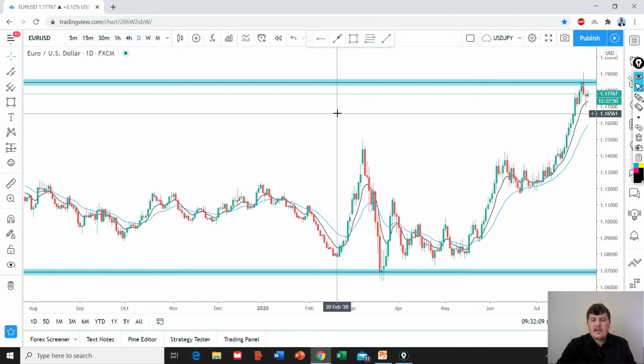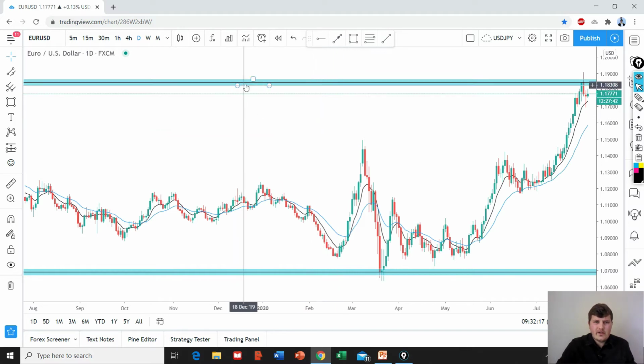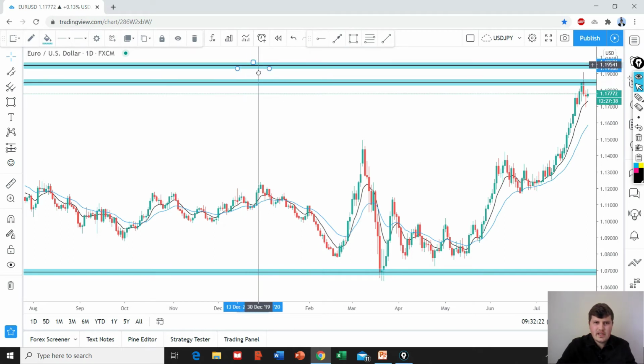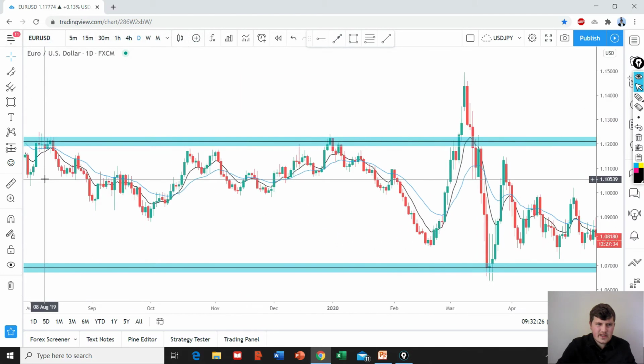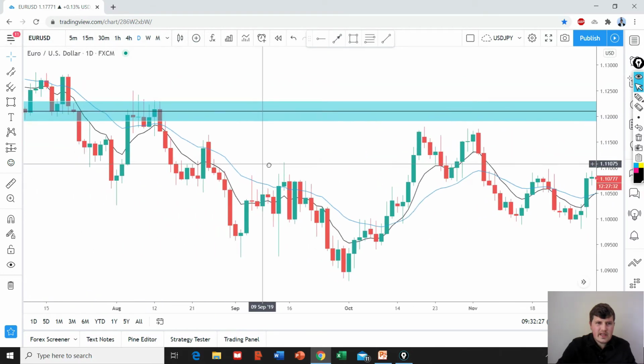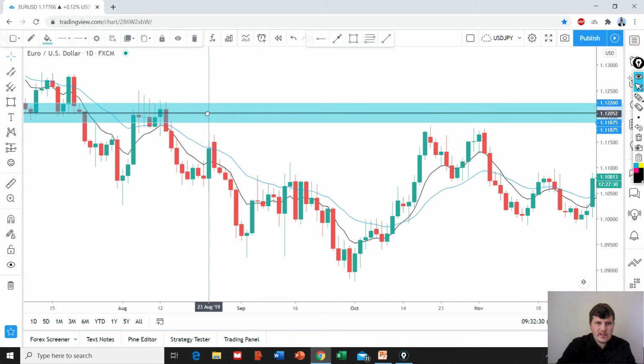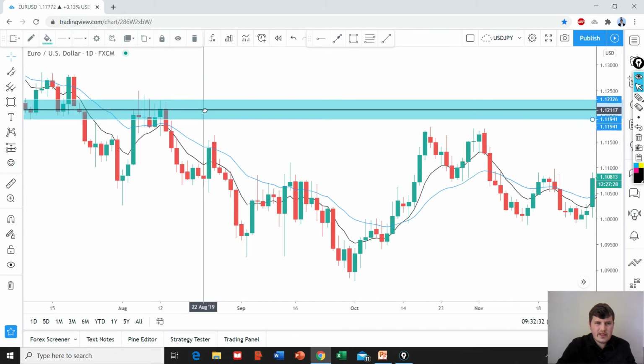Now another thing is to determine where price bounced at a specific level at least 2 times, and a good area in the market would also be this area over here. And I'm just gonna zoom in a bit and place my support and resistance area at that candlestick closure over there, because it's a bit more recent.